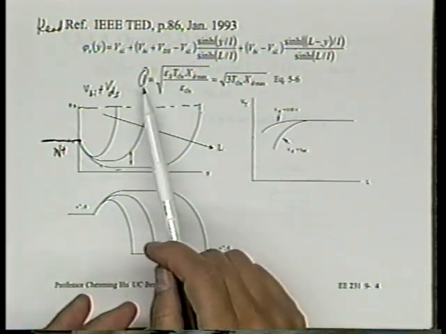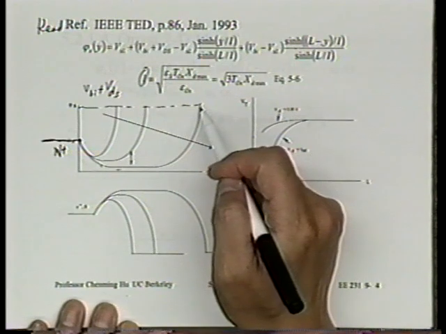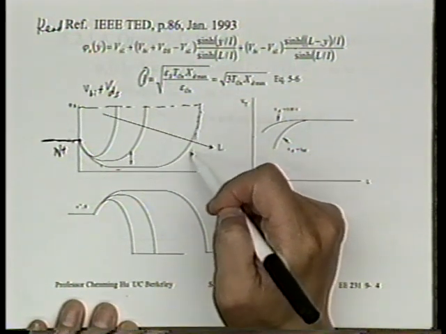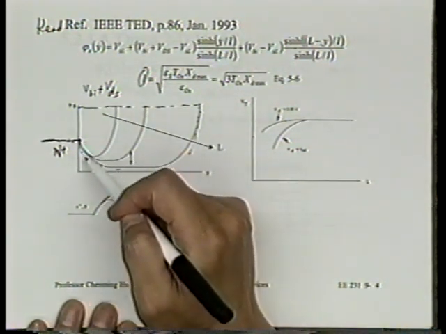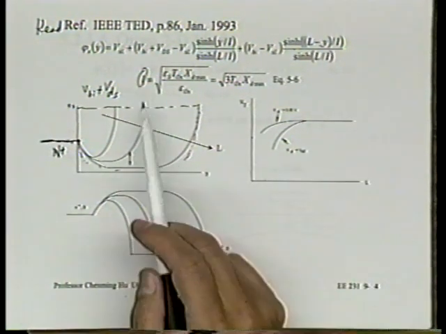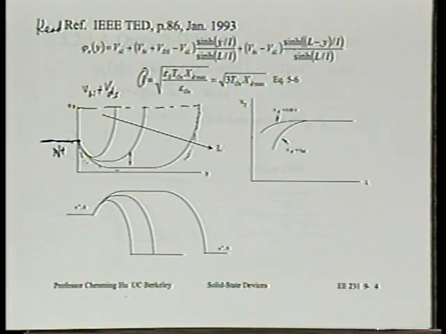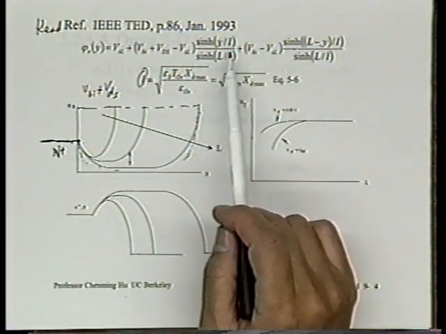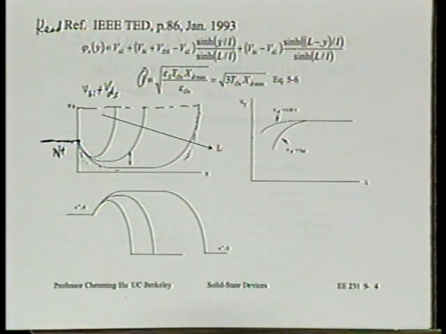This little l basically determines how quickly this boundary, such as the drain field and the source field, decays away. That's the meaning of this L, right? Anytime you see L in a hyperbolic function or exponential function, that's the meaning. Sometimes we call it decay length, right?